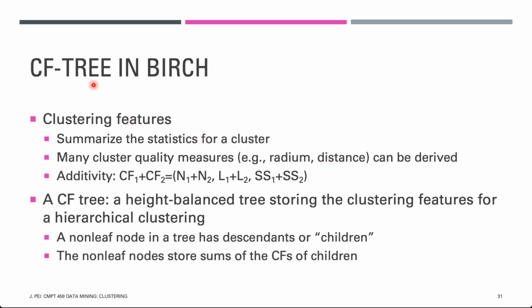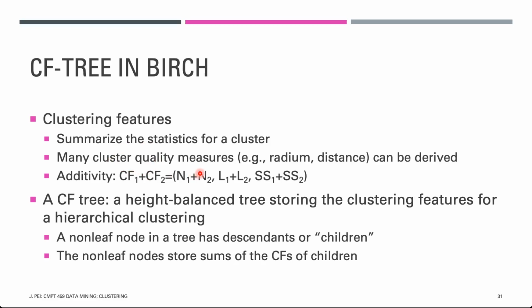The CF tree in BIRCH has the following properties. It uses the clustering feature, which summarizes the statistics of a cluster. Many cluster quality measures can be derived from the clustering feature.